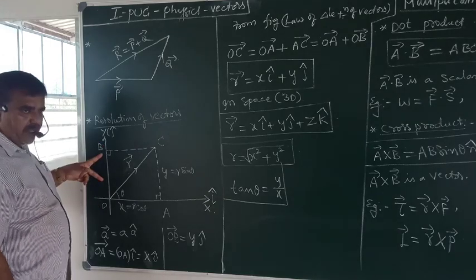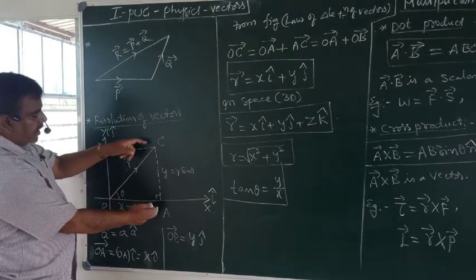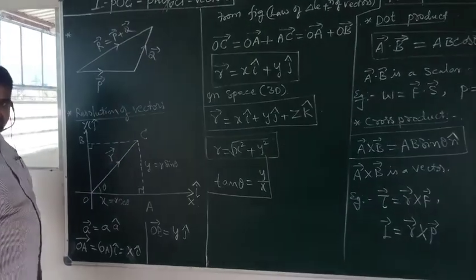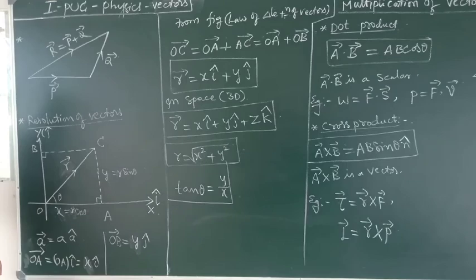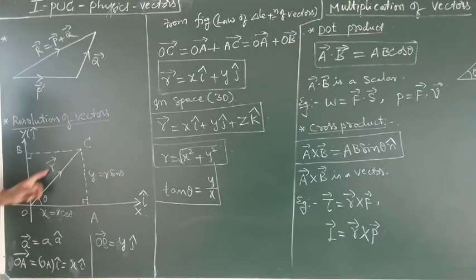OB is equivalent to the vector AC because the magnitude is the same and the direction is also the same. Therefore, this forms a right angle triangle. From this right angle triangle, cos theta equals adjacent side by hypotenuse. Therefore, this component x equals r cos theta.